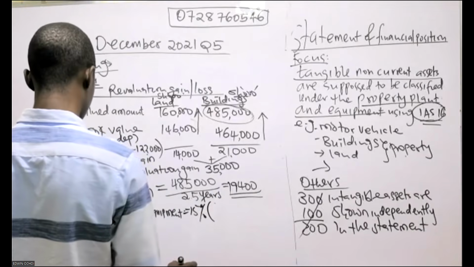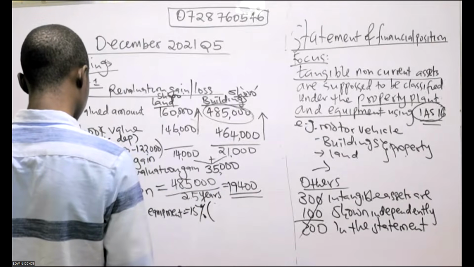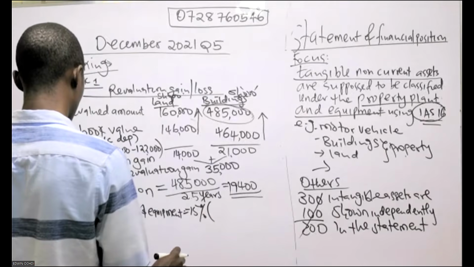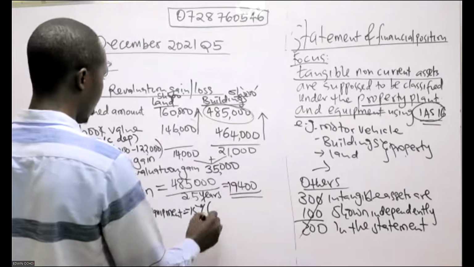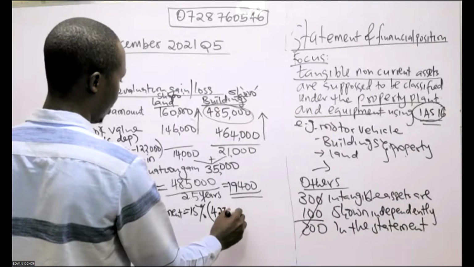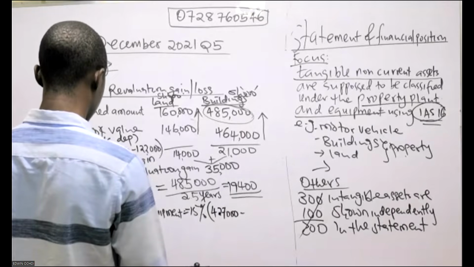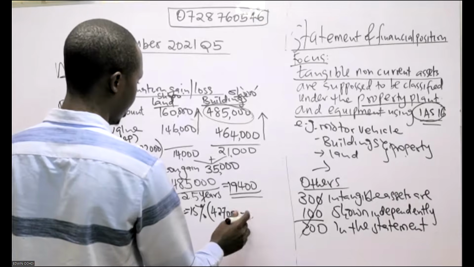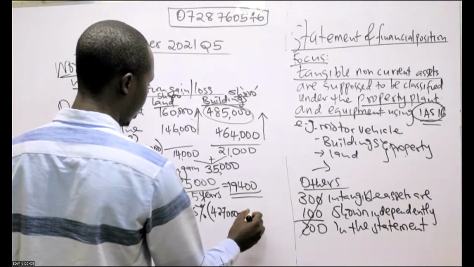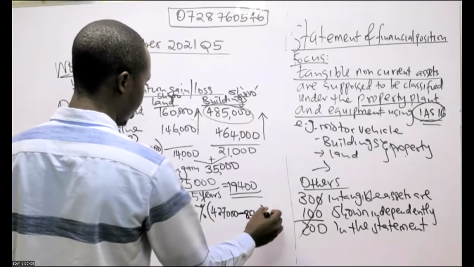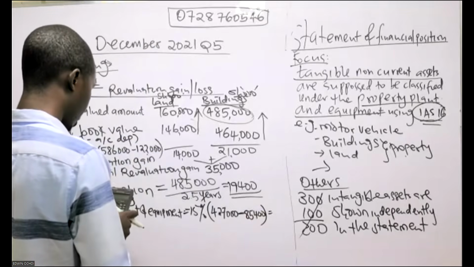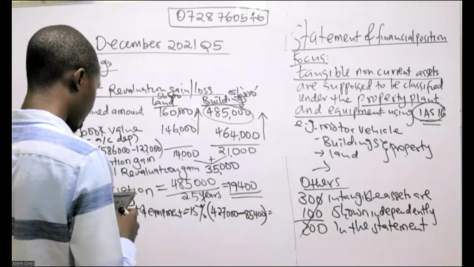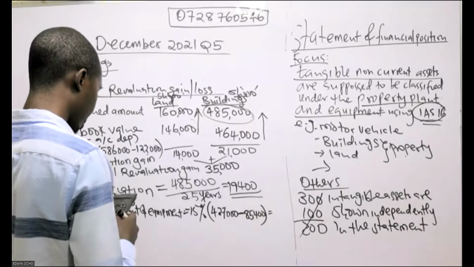Cost minus accumulated depreciation, that is the reducing balance method. The cost of the plant and equipment is 427,000 minus accumulated depreciation of 85,400, times 0.15.